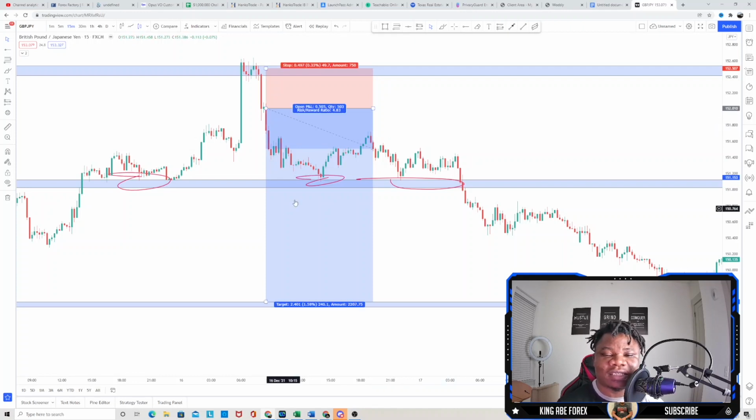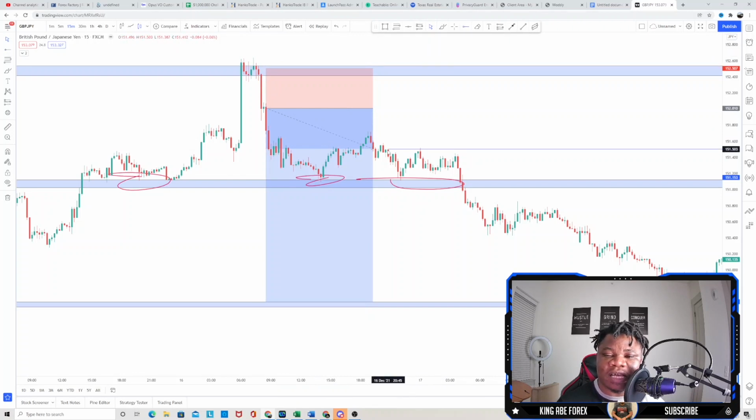Once I have my first take profit smashed, I can move my stop loss to, for example, this high here, or to this most recent low over here.